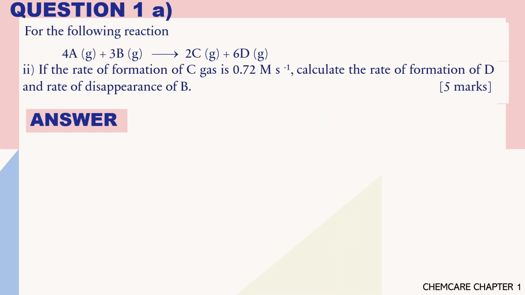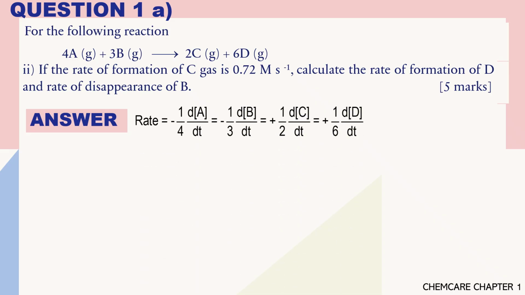Next, to calculate for question A2, the question gives us the rate of formation of C gas 0.72 M per second. So we need to calculate the rate of formation of D. Okay, so we need to find the relationship between C and D from the differential rate equation.